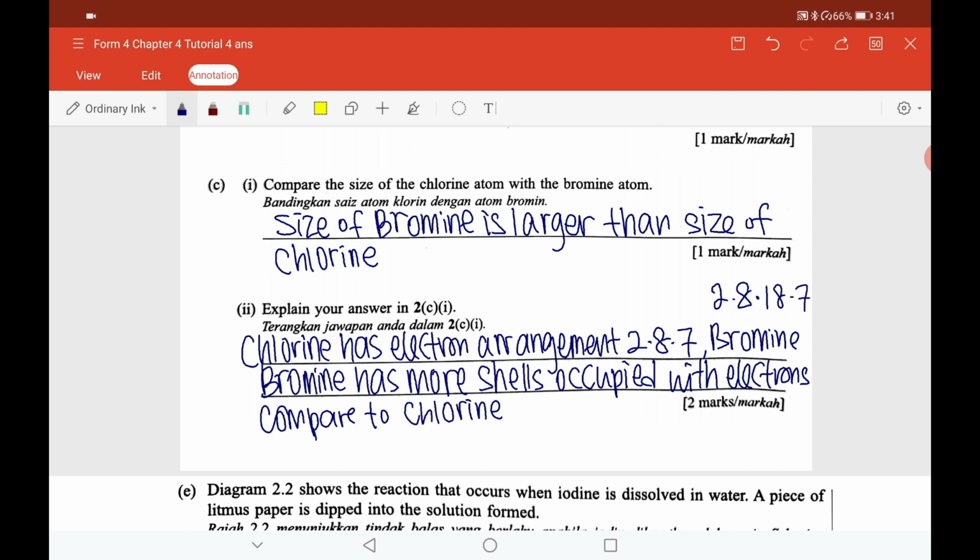When you write the electron arrangement, you can see this is 3 shells and this is 4 shells. From here you conclude that bromine has more shells than chlorine.